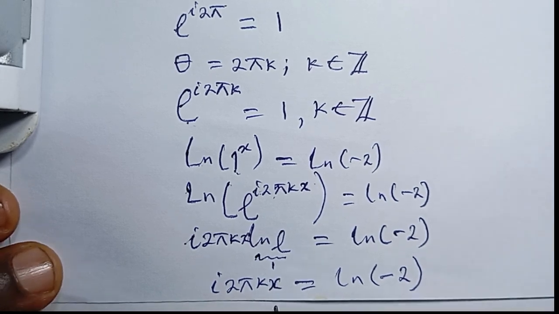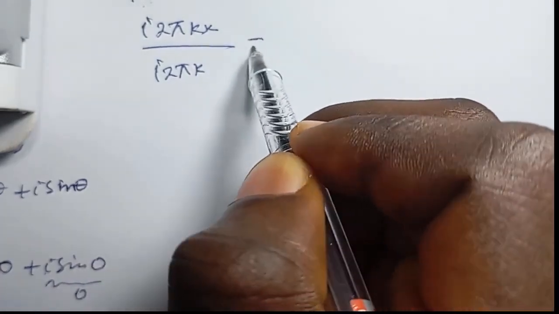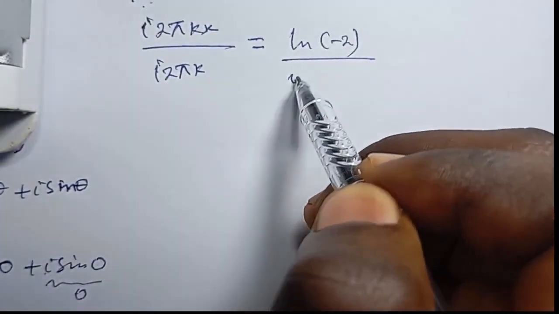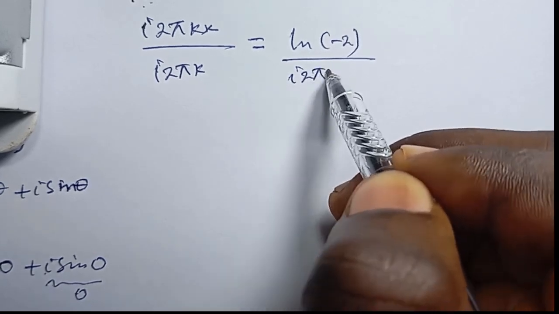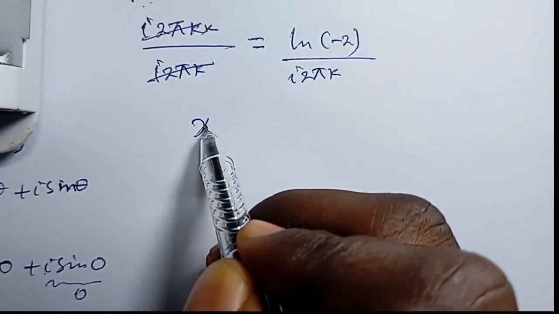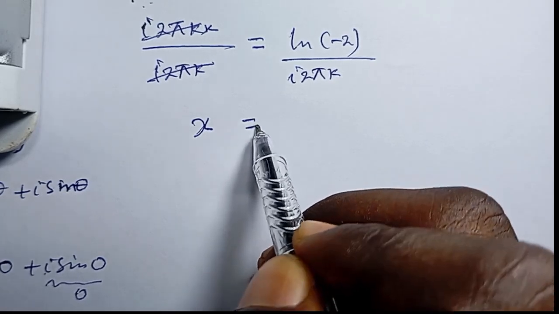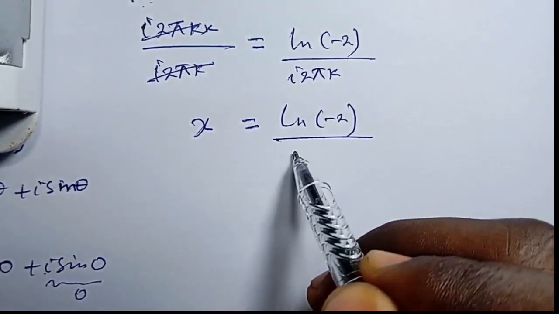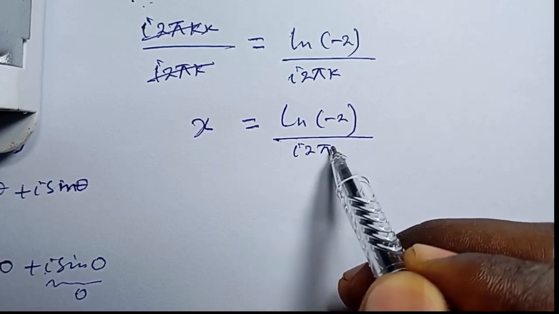Because we are looking for x, we can divide through by the coefficient of x, which is i 2 pi k. So x times i 2 pi k divided by i 2 pi k is equal to the natural log of negative 2 divided by i 2 pi k. This cancels, and we have x equal to the natural log of negative 2 divided by i 2 pi k.